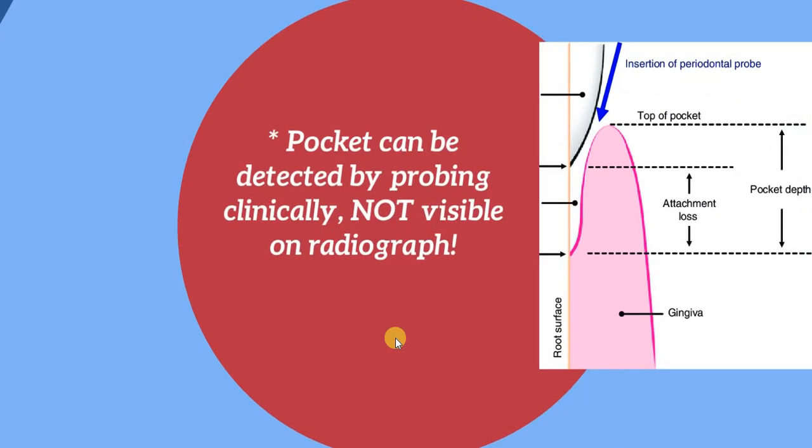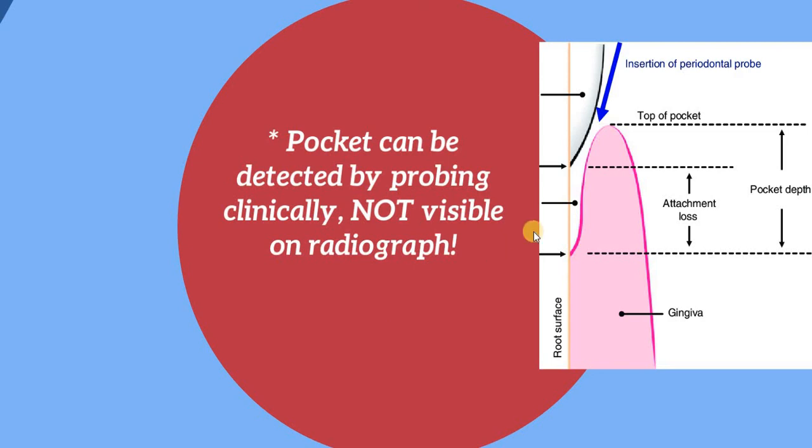The pocket can be detected clinically by probing, and it's not visible on radiograph unless we are using, for example, gutta-percha or silver cone points, but most probably it is diagnosed and examined with the probe.